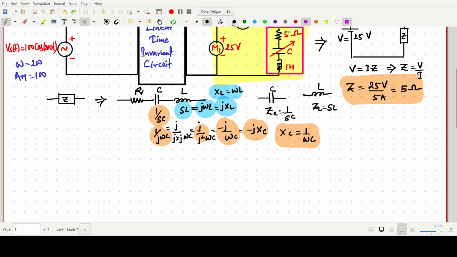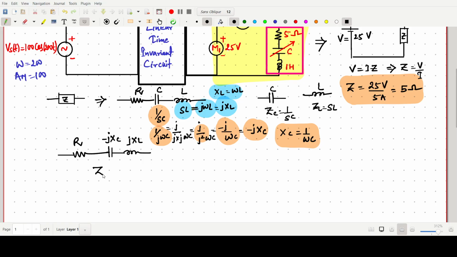first pencil, then this can be R, C and L. One can also write directly, if you know, this can be written as minus J XC and this should be J XL.